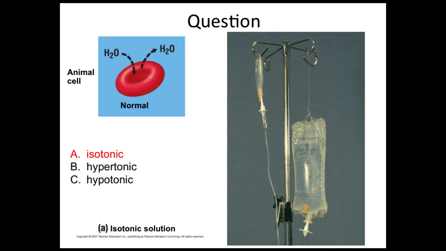The answer is isotonic. Remember, that's when your red blood cells are happiest. In fact, in that IV bag is usually, in general, about a 0.9% saline solution. And that is approximately the same solute concentration that our blood has.